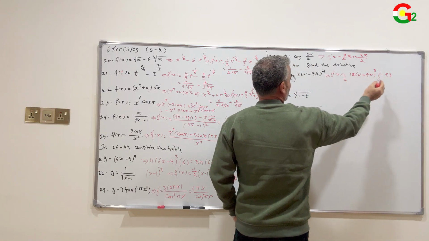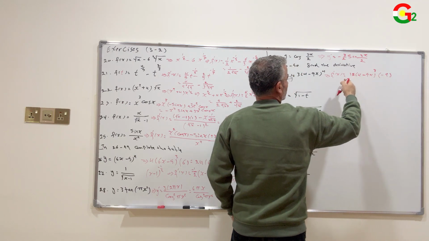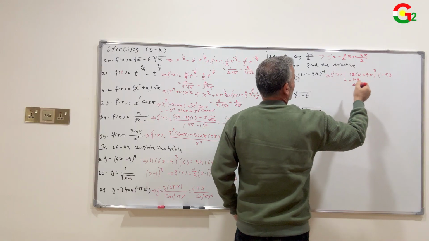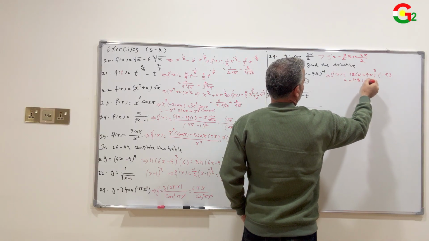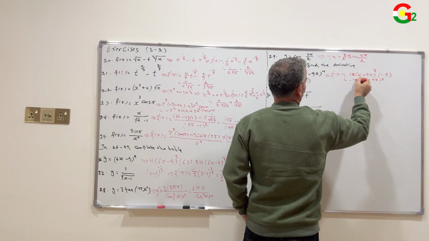Then we can rewrite it as negative 9 times 12, which is negative 108, times (4 minus 9x) to the power 3.